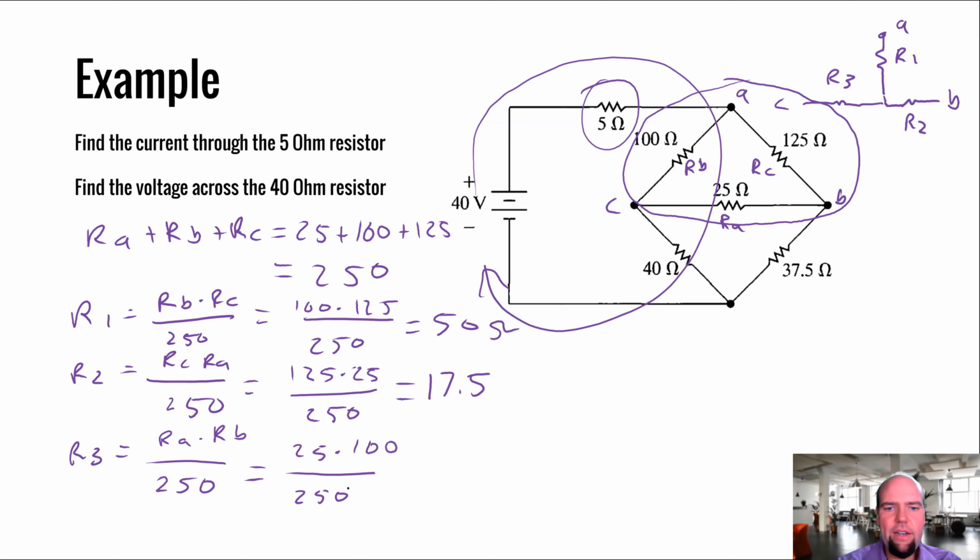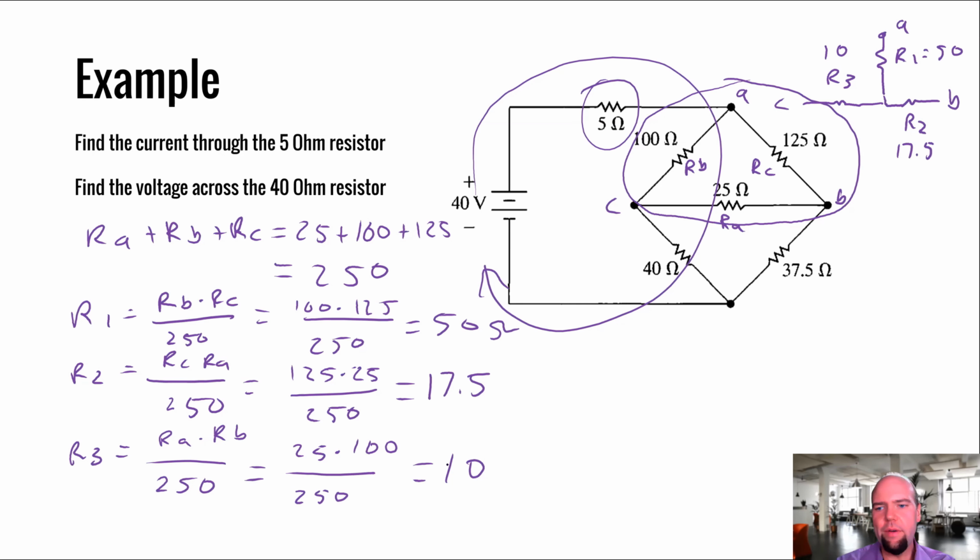So that should be 10. Okay, so we now have this equivalent set of resistances here, which is R1 is 50, R2 is 17.5, and R3 is 10.